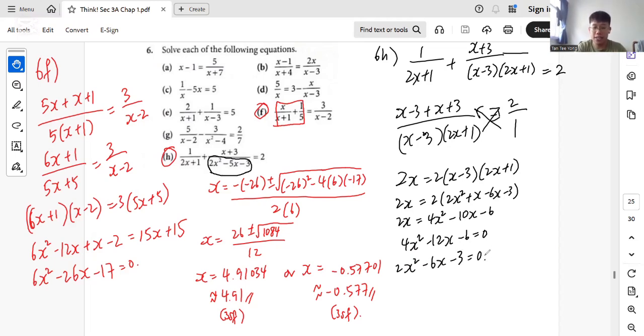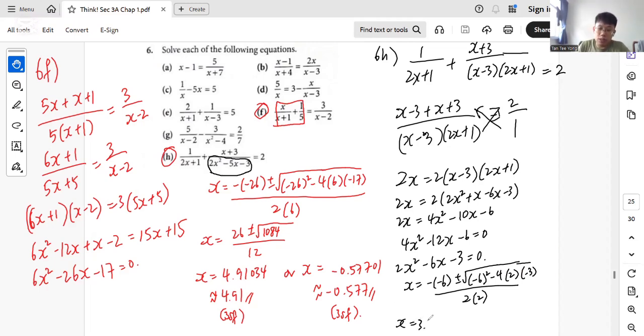Then this one is the same thing. You can just use the quadratic formula. x equals negative b, plus minus the square root of b squared minus 4ac, over 2a. Let me solve it. I'll just solve and write the answer straight away.